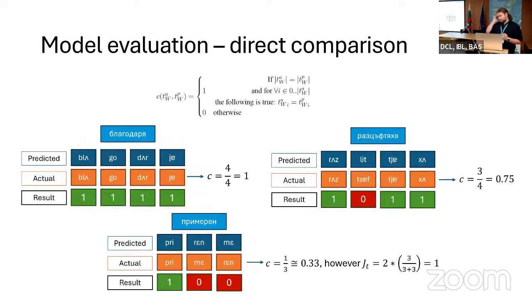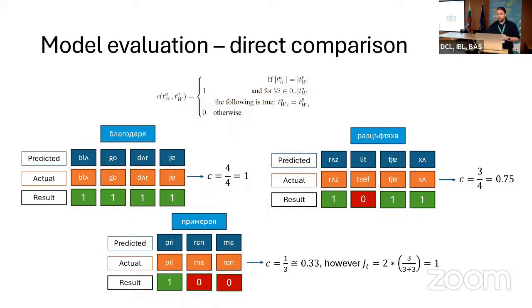However, this metric has one drawback. We don't consider the ordering of the syllables themselves. We just check if the syllables are correct. So that's why we introduced the second metric, direct comparison, which goes through each syllable and checks if the current syllable is in the right place compared to the actual word that we should predict.